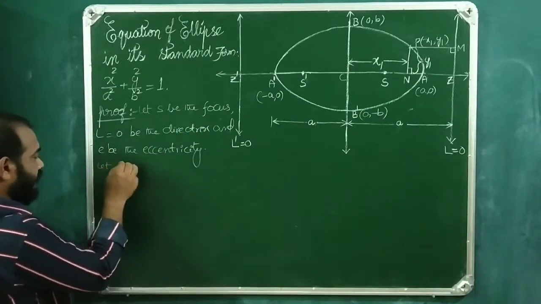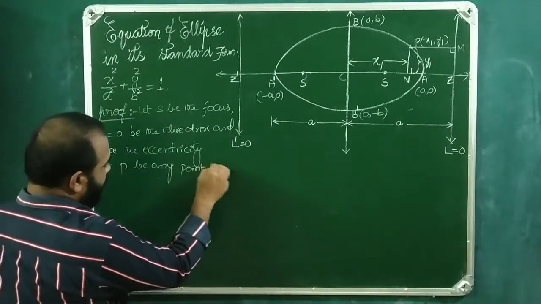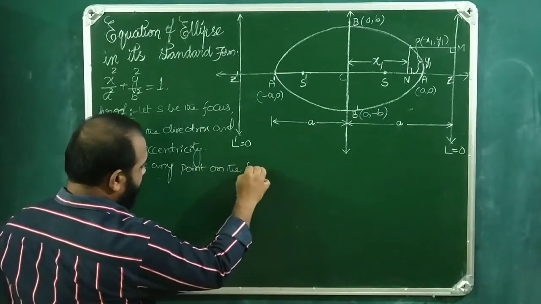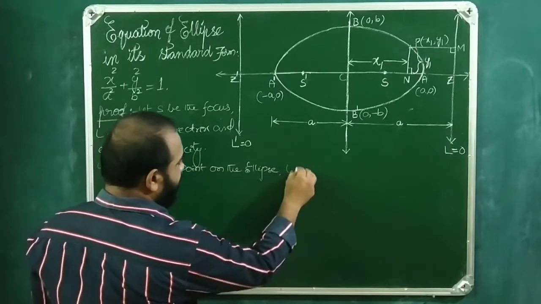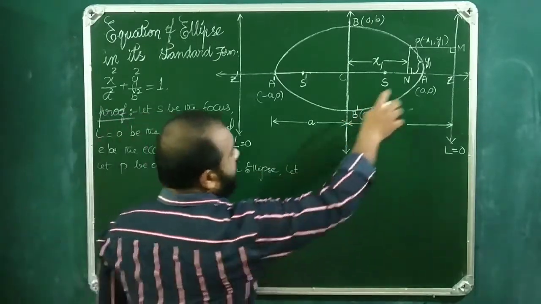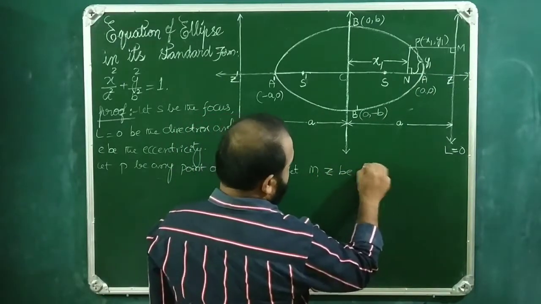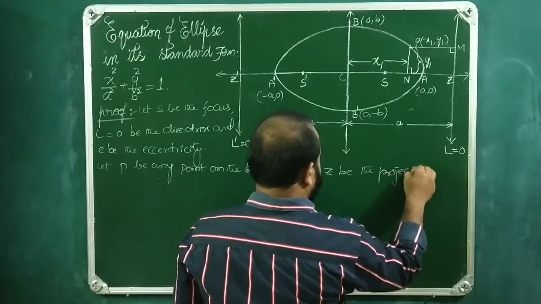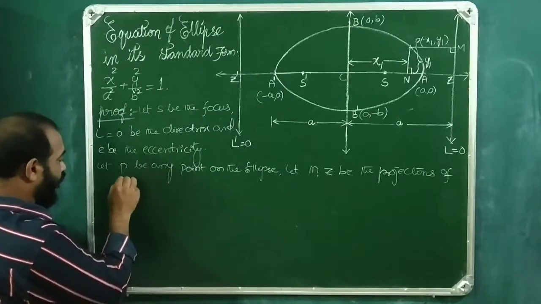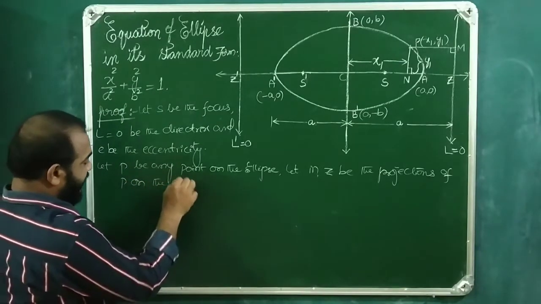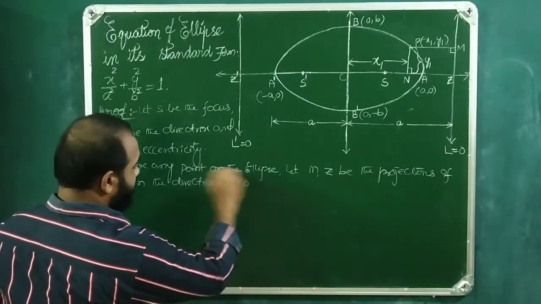Let P be any point on the ellipse. Let M comma Z be the projections of P on the directrix L equals to 0.